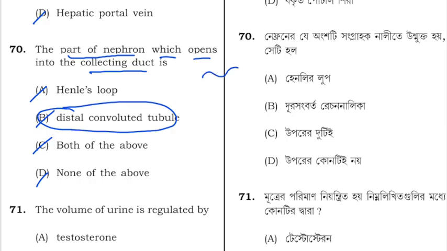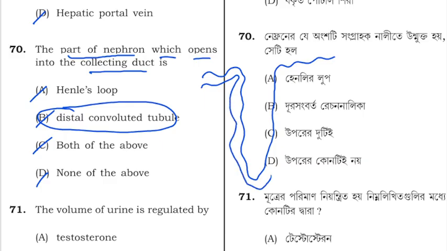So if you see the basic structure of our nephron, that is the functional unit of kidney, we will see like this.